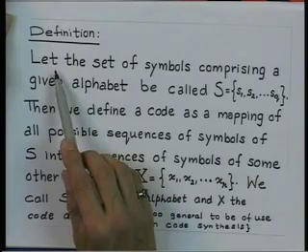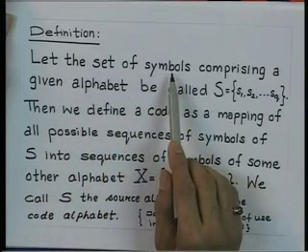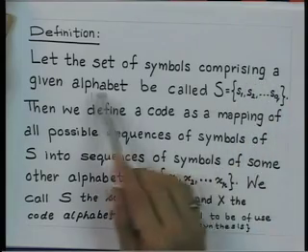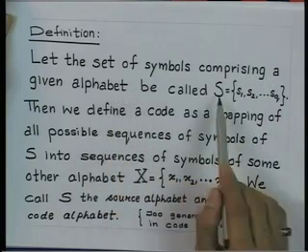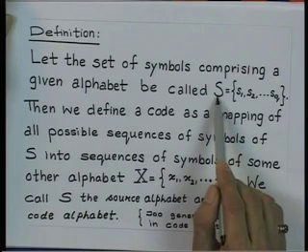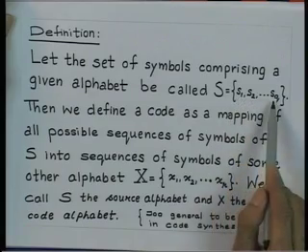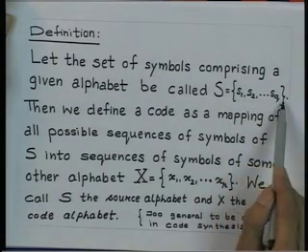In order to do that, let us define formally what a code is. The definition of a code is given as follows. Let us consider a set of symbols comprising a given alphabet, and that alphabet is called S. This alphabet S consists of Q symbols or Q letters.